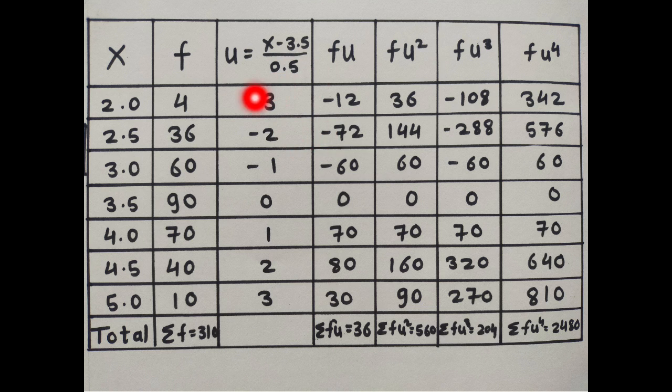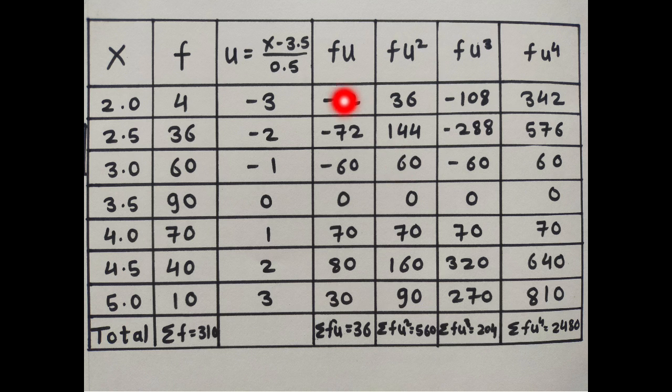If we put this value of x here, then we will get u is equal to minus 3. If we put the value of x 2.5 here, then we will get u is equal to minus 2. Like this, we find the values of u by putting the respective values of x.